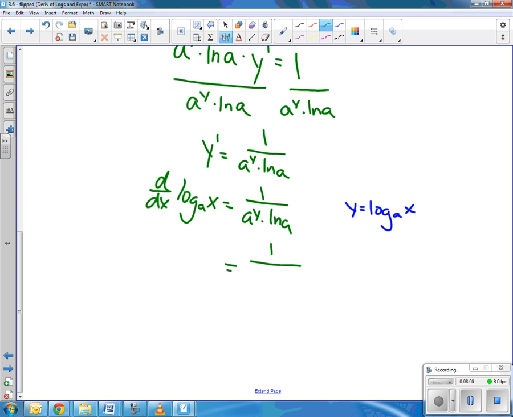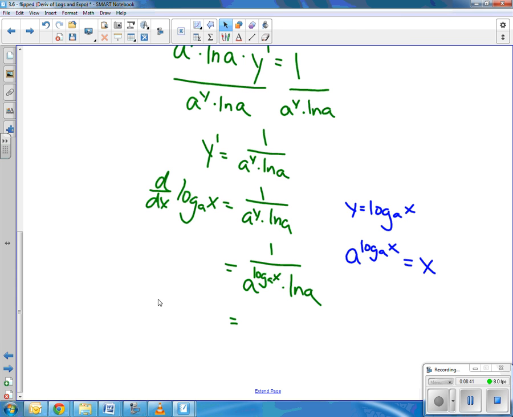So instead of 1 over a to the y times ln a, I have 1 over a to the log base a of x times ln a. Now, last thing here: because I have base a raised to log base a, there was a log property, and I'll put this over to the right as well, that says when you have the same exponential base and same log base, they essentially cancel each other out, and that's equal to just x, or whatever's in that log function.